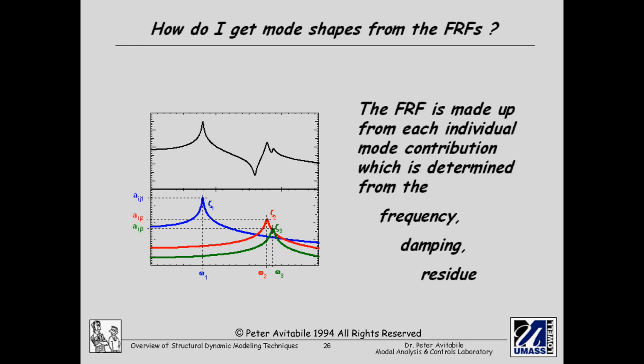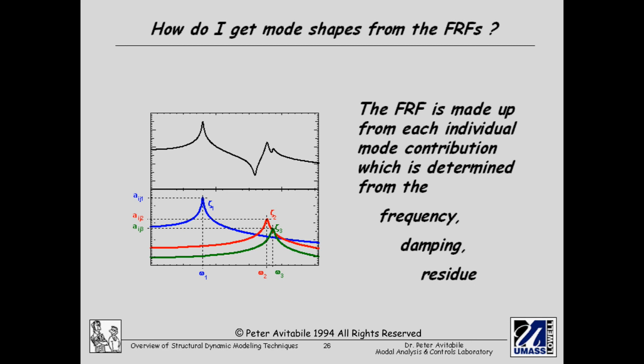So how do I get these mode shapes from frequency responses? Well, we talked about this in a very simplistic fashion, but what I really need to understand, and modal theory will tell me, is that each of these frequency response functions is made up of the response of a set of single degree of freedom systems. One for mode 1, one for mode 2, one for mode 3, and so on.